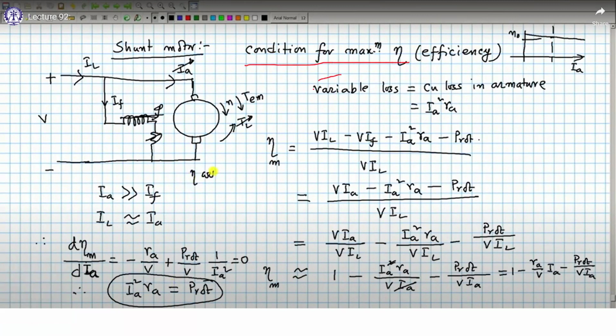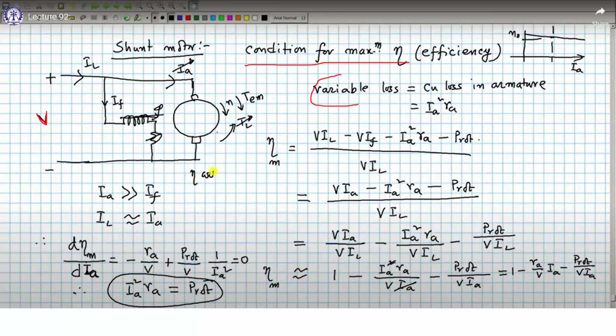We know the variable loss in this shunt machine. For the shunt machine, the field loss is constant, because as long as the terminal voltage V is constant, V by RF will give you the field current, so the field current will remain constant. That means field current square into RF will also remain constant.